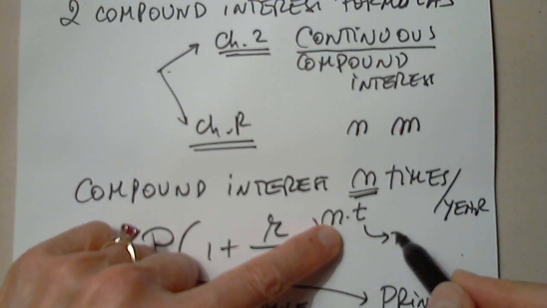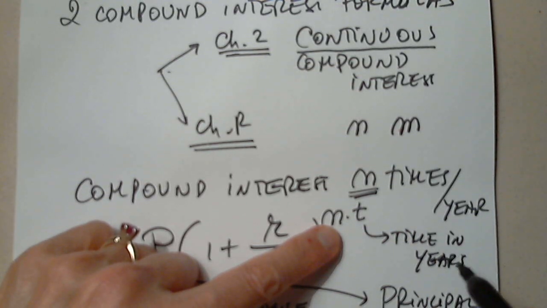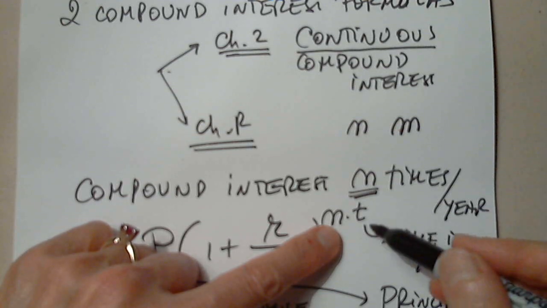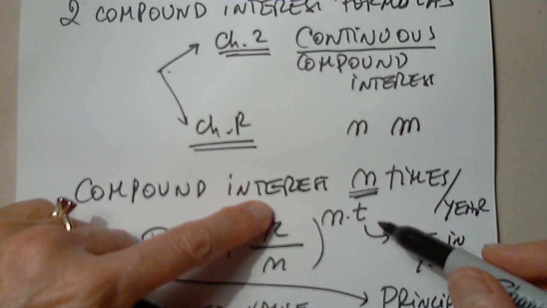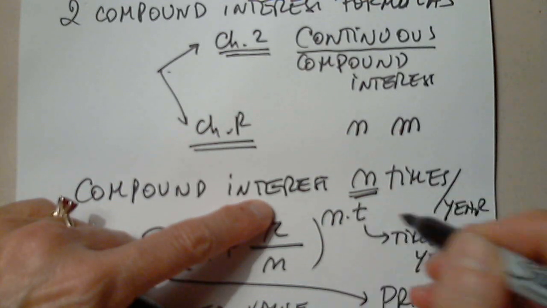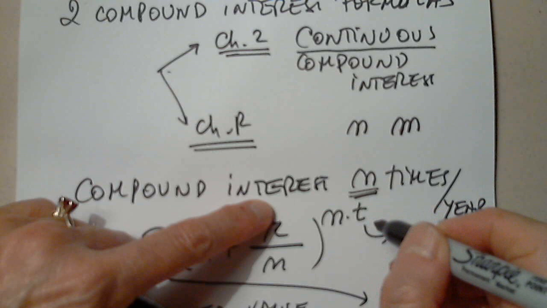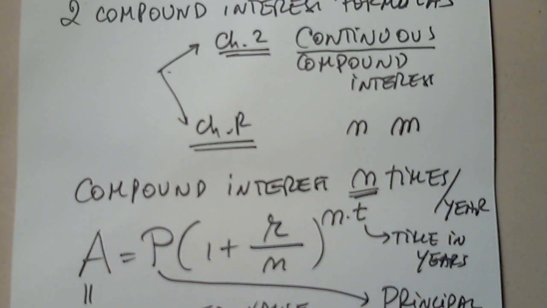T, time, in years. Because this is times per year, this has to be in years. They may try to confuse us, and they may say 6 months. We have to change T, the 6 months, into 0.5, half a year. So careful on that. Okay.